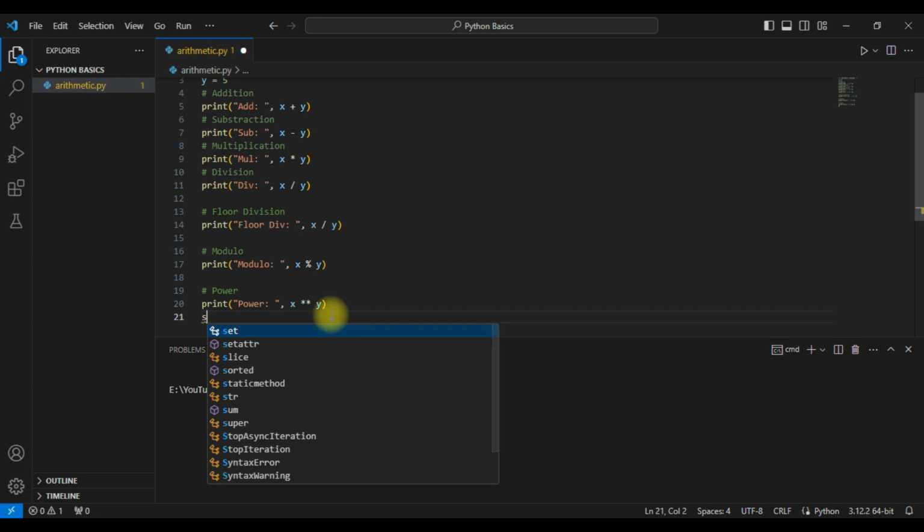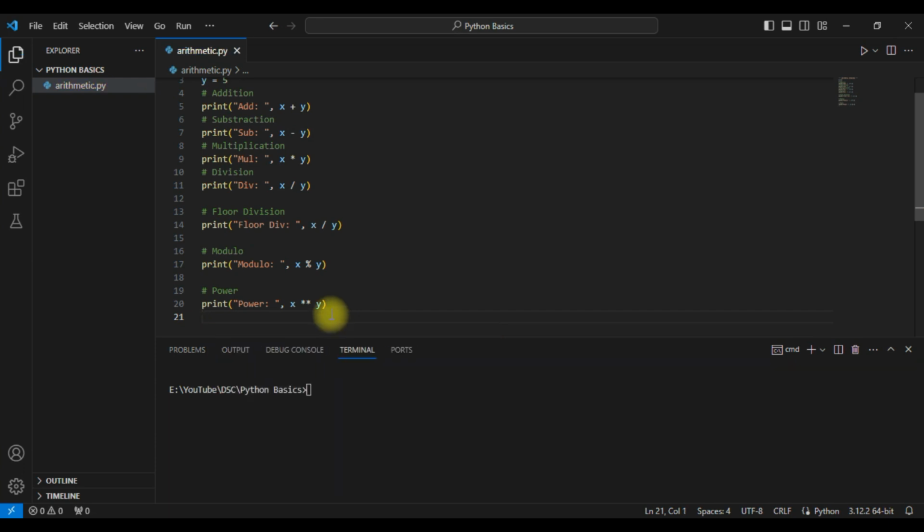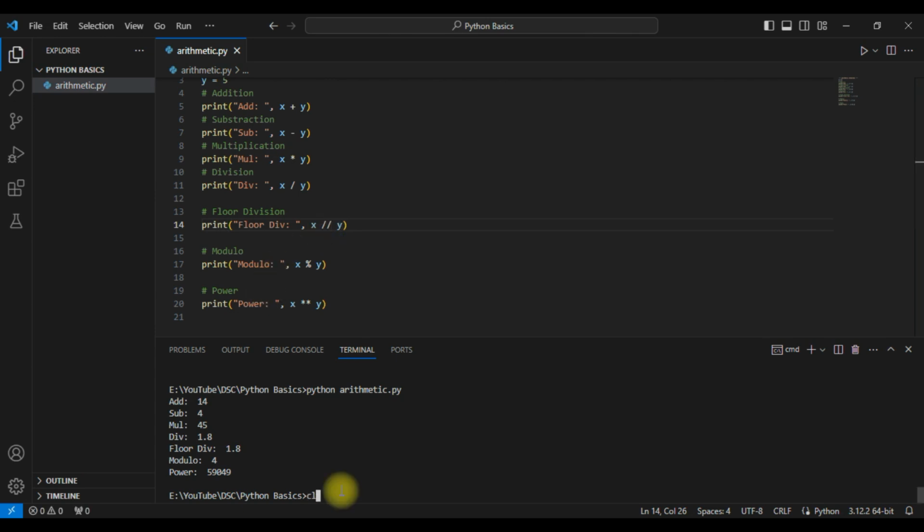You can run the code and see the results match with what I just told you about the floor division, modulo, and power. The floor division is represented with two slashes. You can see the floor division takes the whole number.